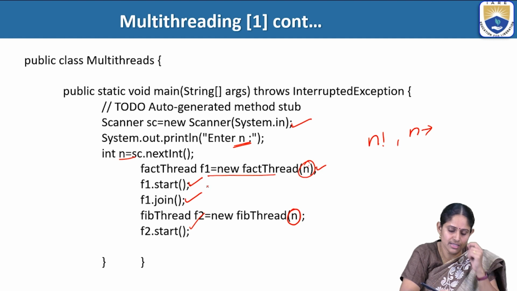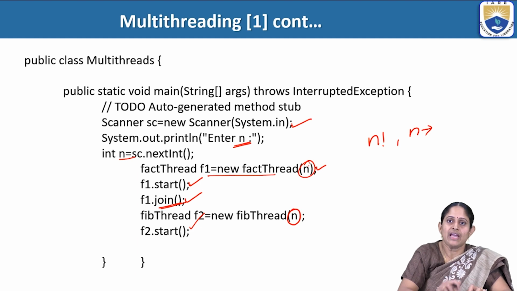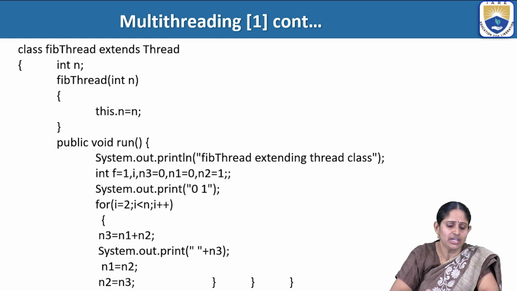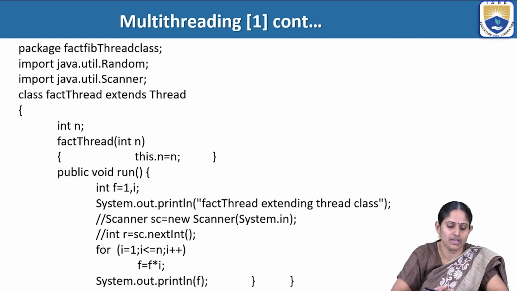The join method is called over F1, so F2 will wait for F1 to complete. Only after the completion of F1, that is printing the factorial of that n value, will the Fibonacci thread start executing.